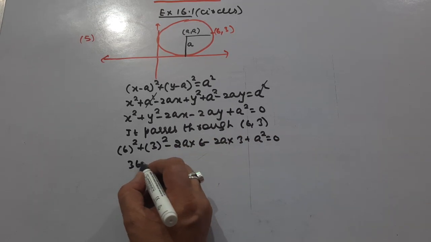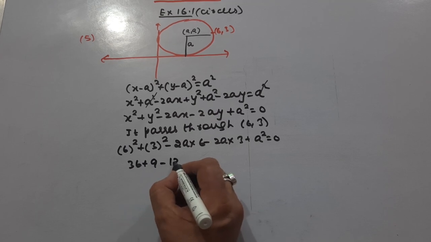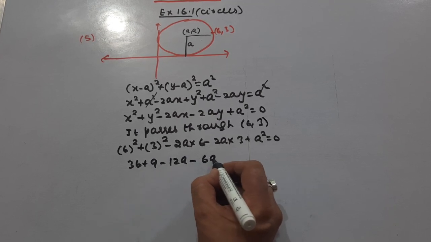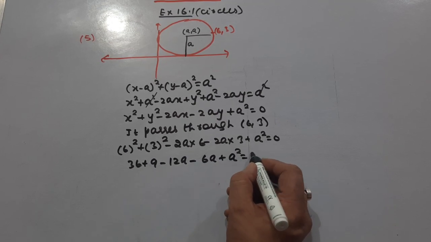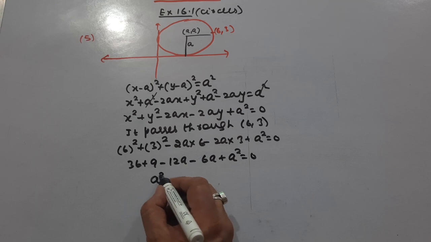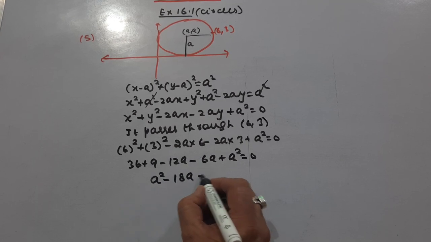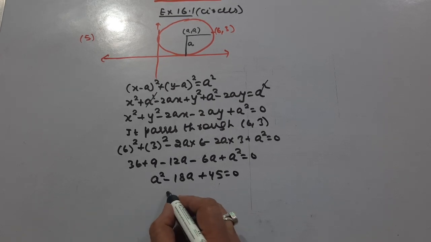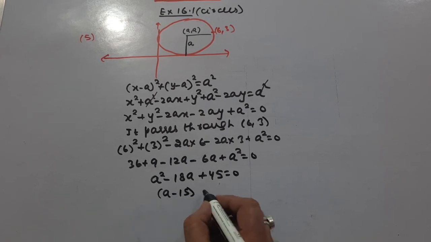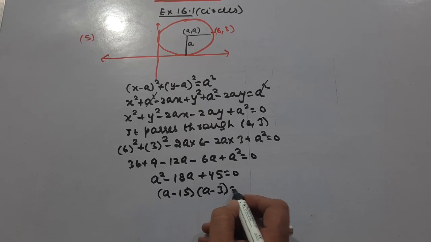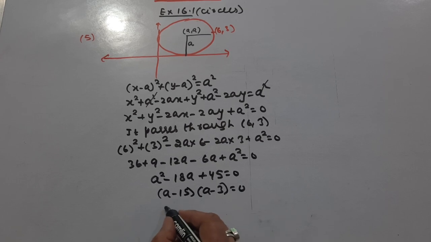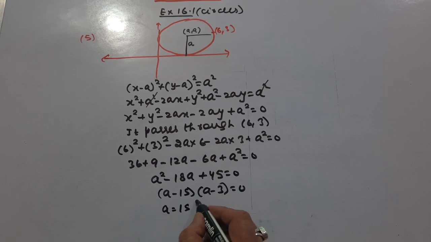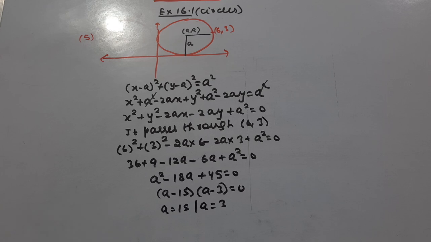So this is 36, this is 9, minus 12a minus 6a plus a square equal to 0. So we get a square minus 18a plus 45 equal to 0. On making the factors, we get (a minus 15) and (a minus 3) equal to 0. So we get a equal to 15 and a equal to 3.